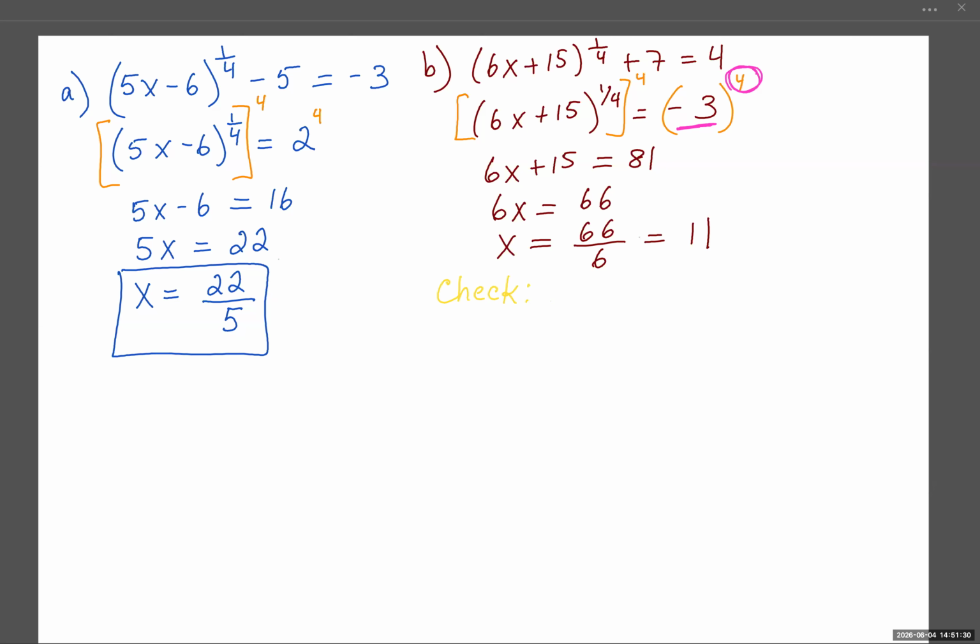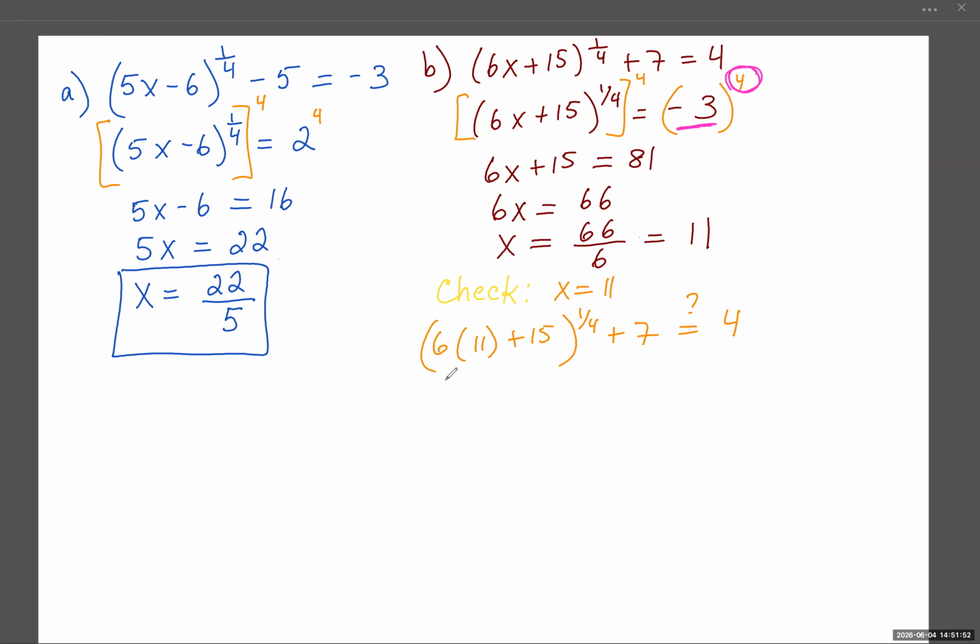To check, we're going to plug in x equals 11 in the original equation and see if the right-hand side equals the left-hand side. So this is 6 times 11 plus 15, all that to the 1/4 power, plus 7. We're trying to check if it equals 4.